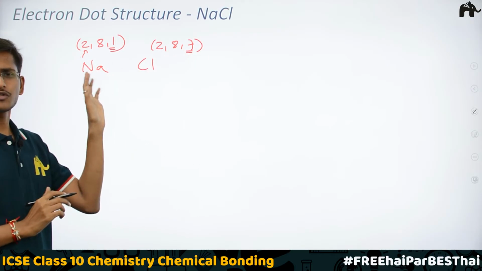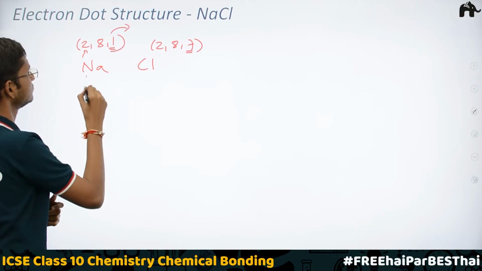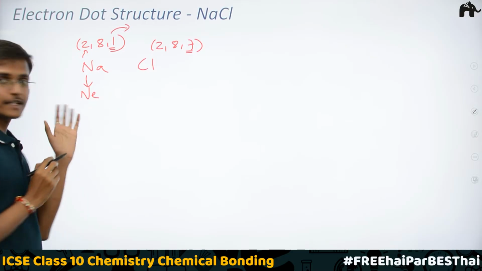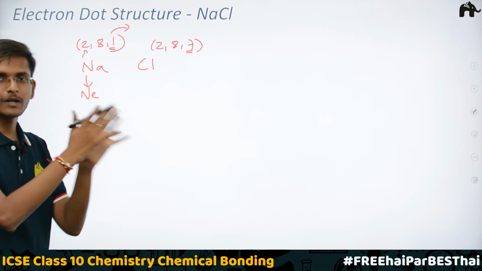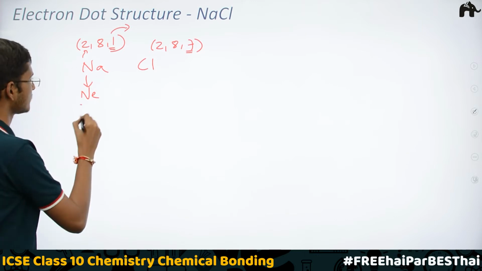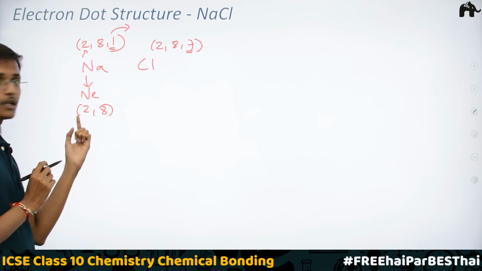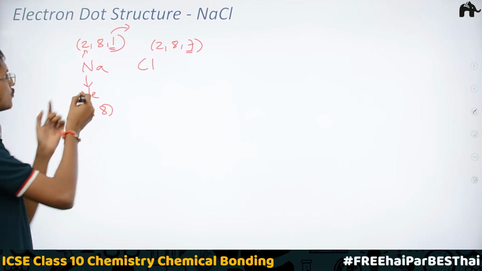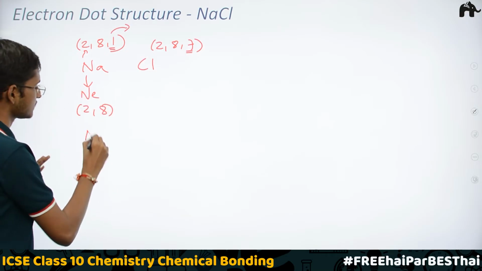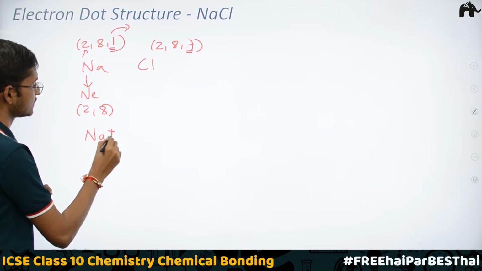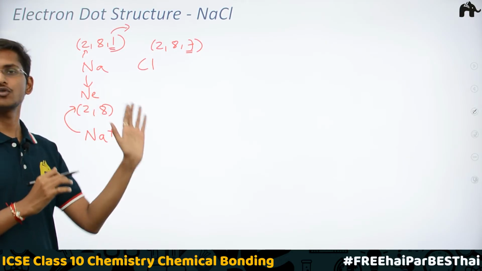Now sodium wants to get rid of its 1 electron so that it attains the electronic configuration of neon, the nearest noble gas to sodium, which is 2,8. So it loses that 1 electron and forms Na plus, which has the electronic configuration 2,8, same as that of neon, the nearest noble gas.